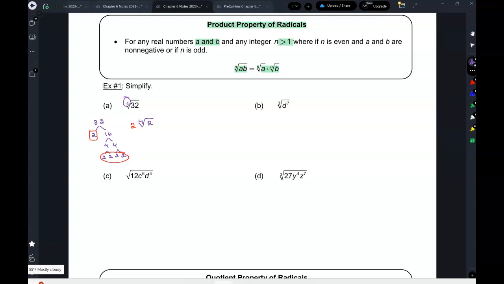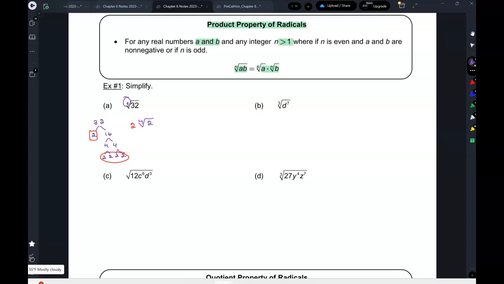One lonely one stays inside, and then the root just stays. If it's a fourth root, it stays a fourth root. So I always think of the root or the radical as a jail. Whoever can find the appropriate number of partners escapes the jail, and those other lonely people stay inside.